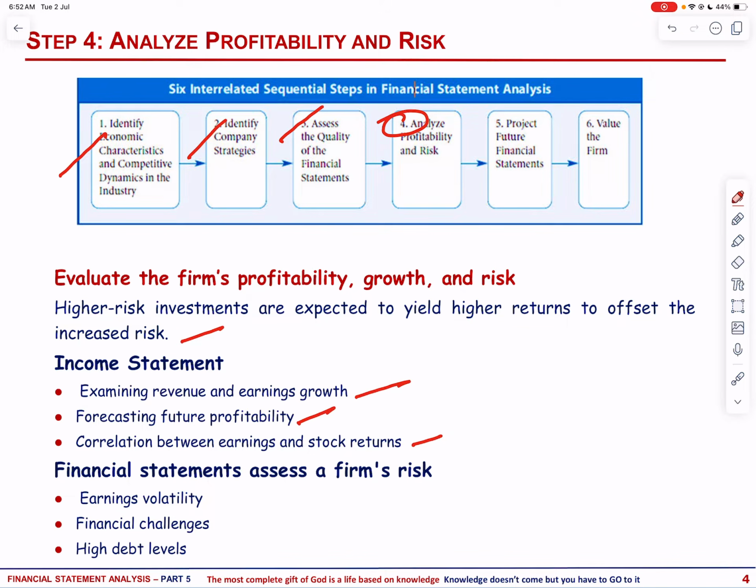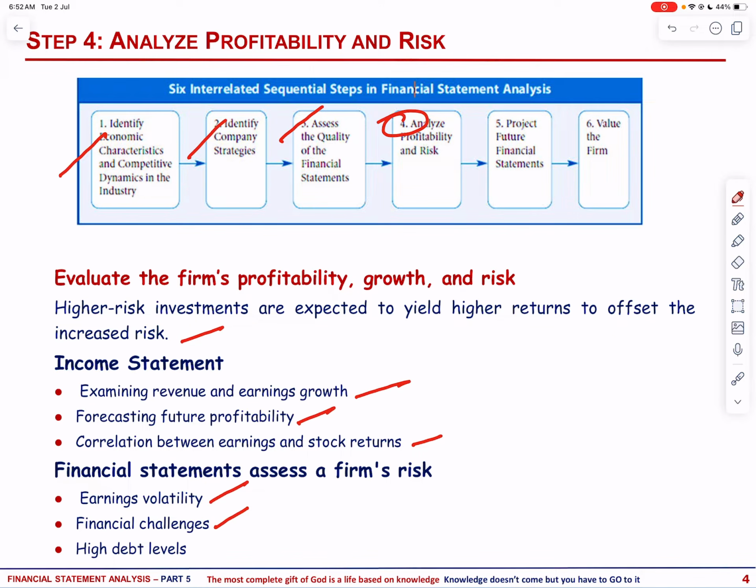Financial statements assess a firm's risk. Earning volatility correlates with market based risk measures like market equity beta. Insufficient cash flow can lead to financial challenges and potential bankruptcy.